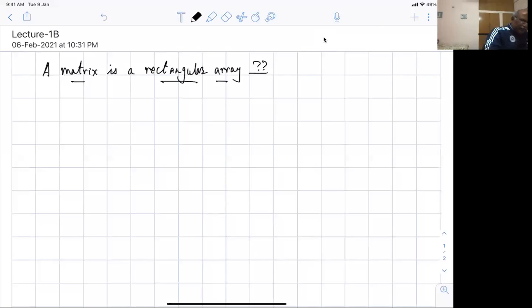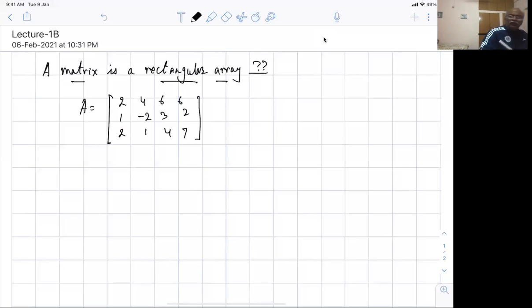Fine. So we generally write a matrix A as, for example, 2, 4, 6, 1, minus 2, 3, 2, 1, 4, 7, 2, 6. Suppose I write like this. Fine. Then we say that this matrix has 3 rows and 4 columns. So these are the rows that you are looking at.